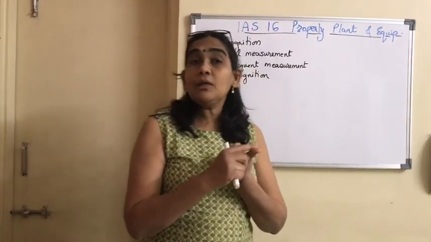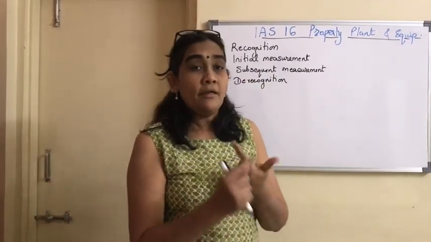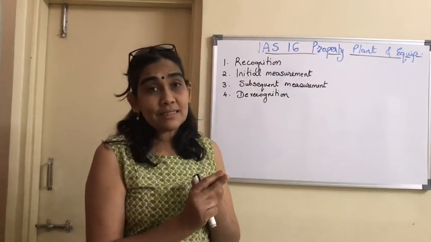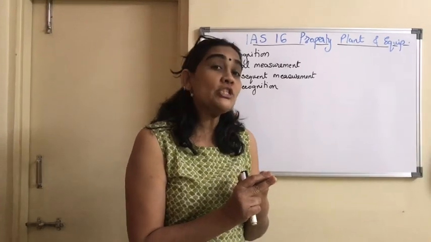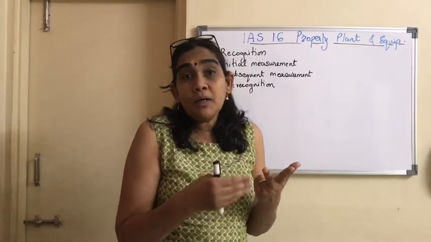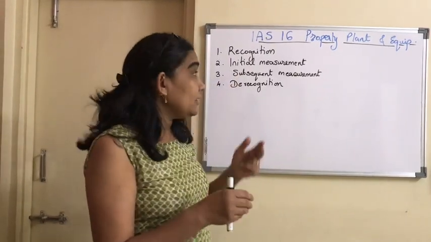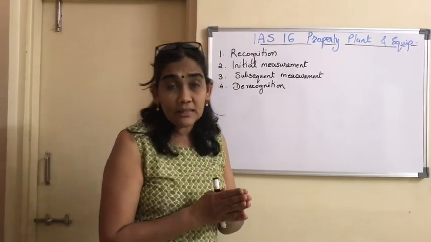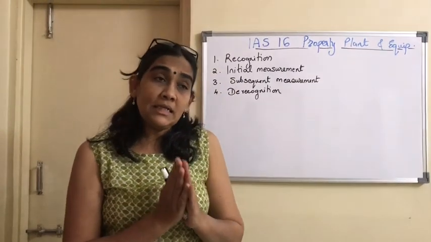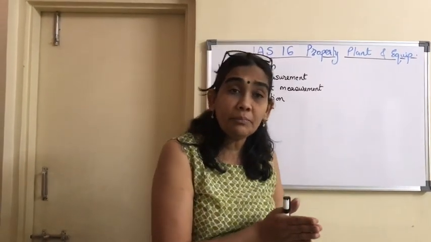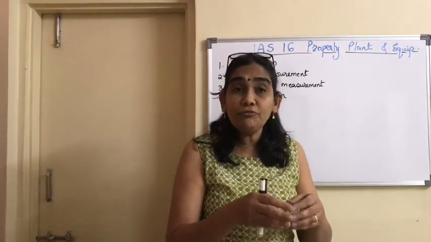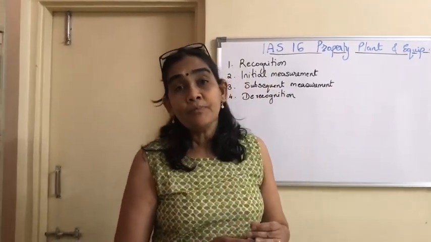So that would include the purchase price, the import duties, etc., which are not refundable or which cannot be set off. It may include the labor costs which are required to set up the property, plant and equipment. There could be any number of items in getting that asset to the present condition for its intended use.